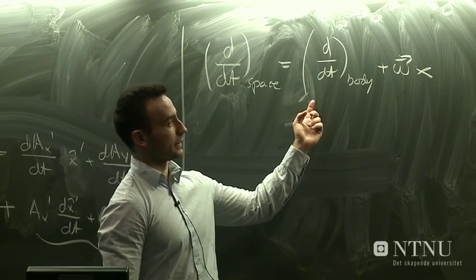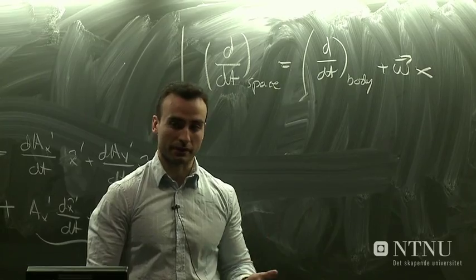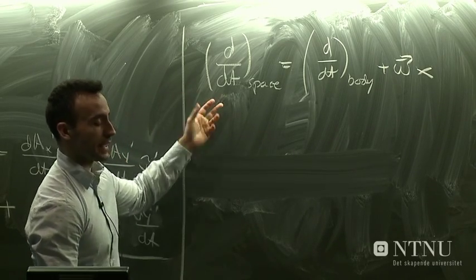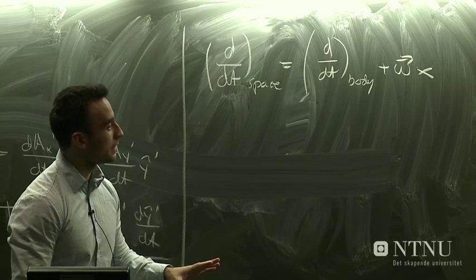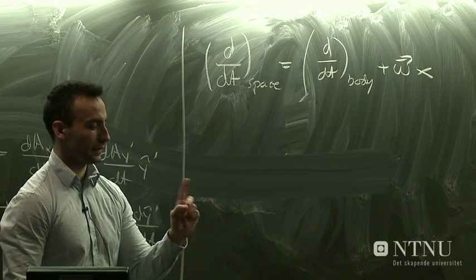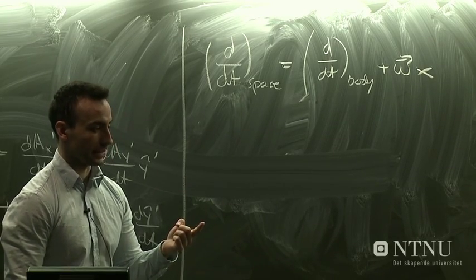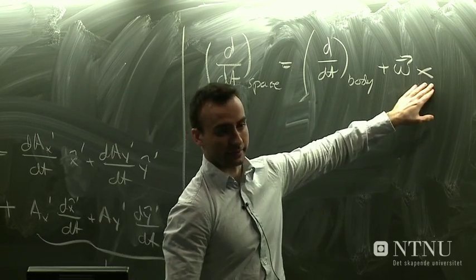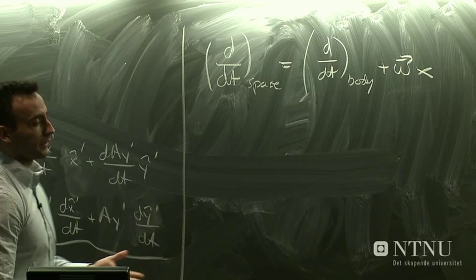In that case, the time derivative as seen from the body system is 0, which means that the time derivative of the vector as seen from the fixed system should be equal to its tangential velocity, for instance, if it's moving in a circle, which is precisely what you get here. So that's just a limiting case.